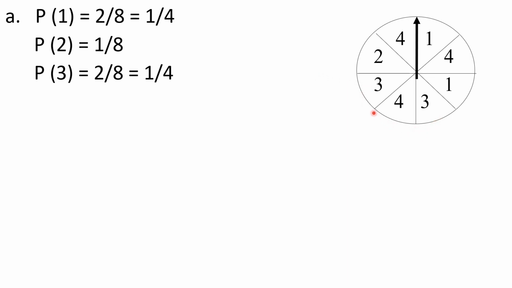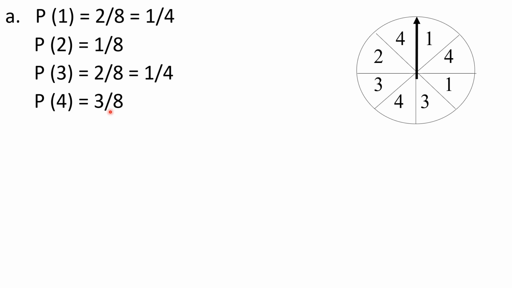Therefore, the probability is 2 over the total number 8, or 1/4. And lastly, for p of 4, there are 3 sections in this spinner which are numbered 4. Therefore, the probability is 3 over total number 8. So 3 over 8.